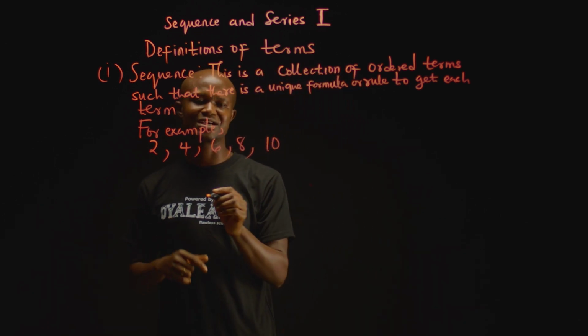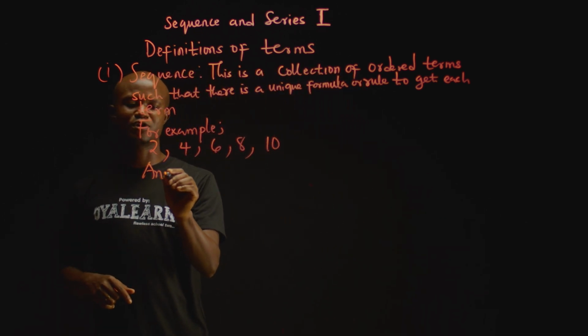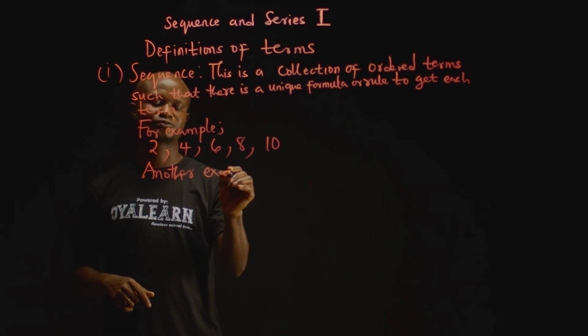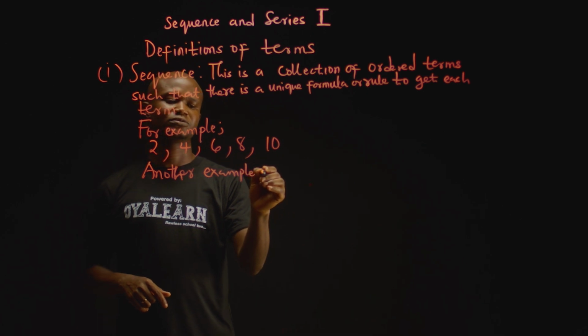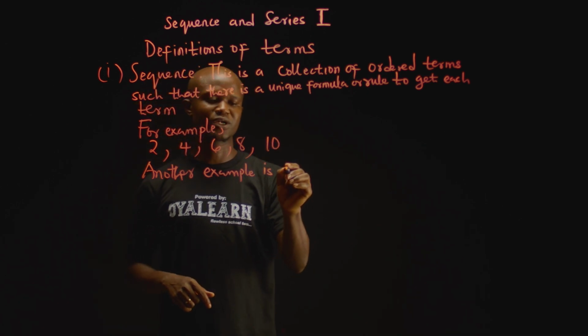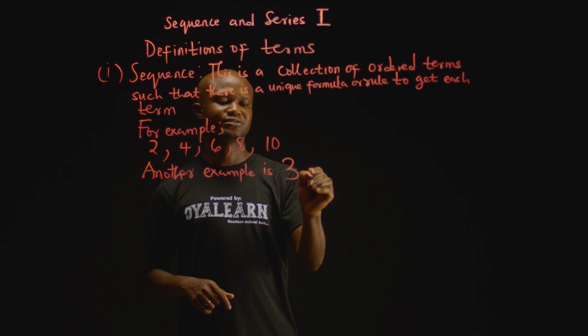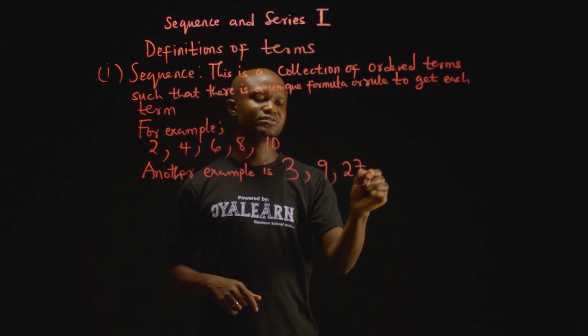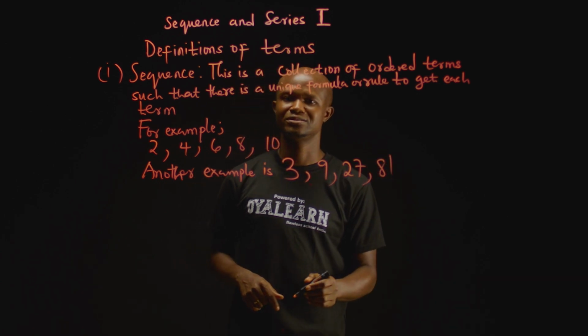So here now, this is an example of a sequence. We can also have another example. Another example of a sequence is 3, then 9, 27, and 81.